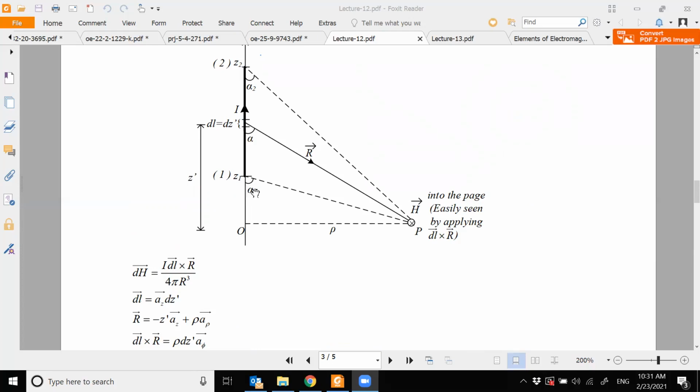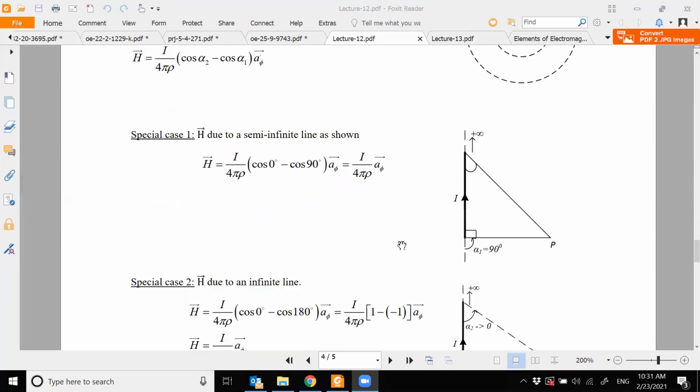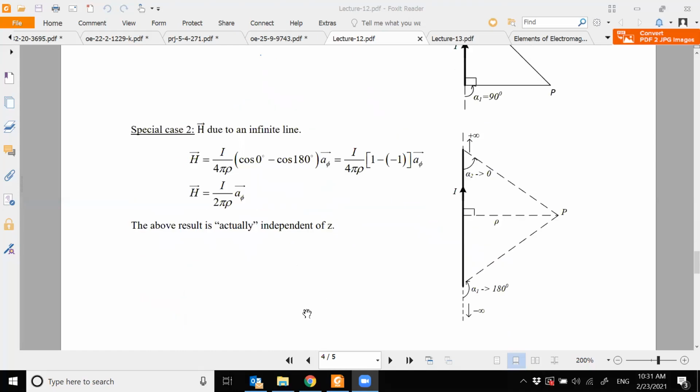This is your angle alpha 1 and this is your angle alpha 2. Remember, alpha 2 is the interior angle, and alpha 1 is the exterior angle. It's not the interior, not this inside. It's the exterior angle.